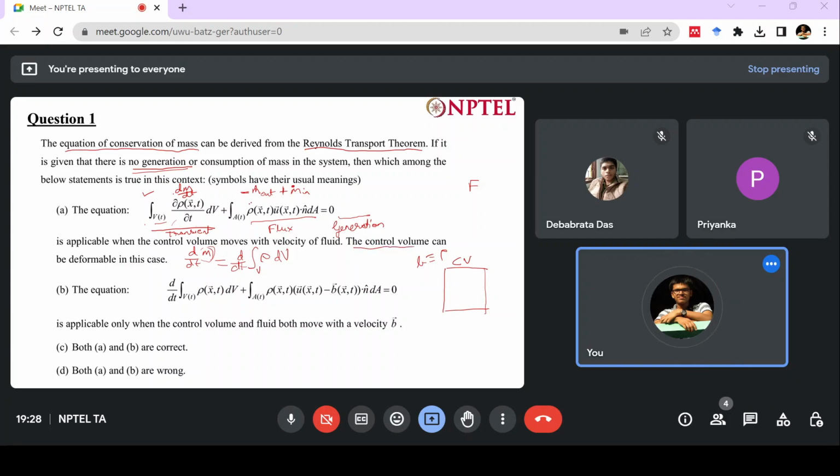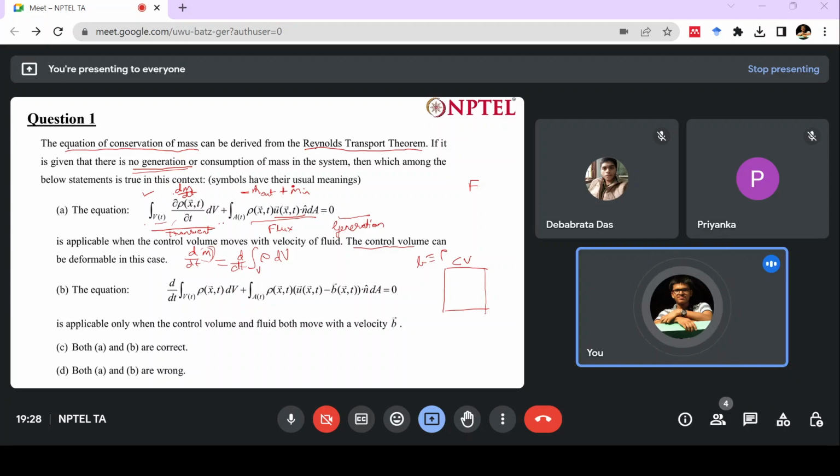Also, if I look at my second term, the first statement was that the control volume moves with the velocity of fluid. The velocity of fluid itself is u, and if the control volume moves with the velocity of fluid, then this u cannot be used as my flux. It should be the relative velocity, because relative to the control volume I am checking whether the flux is coming inside or going out.